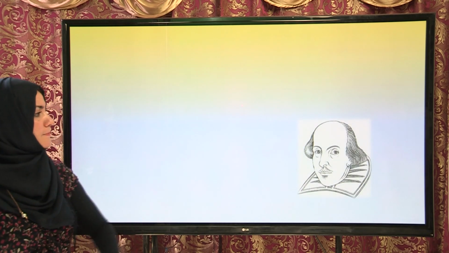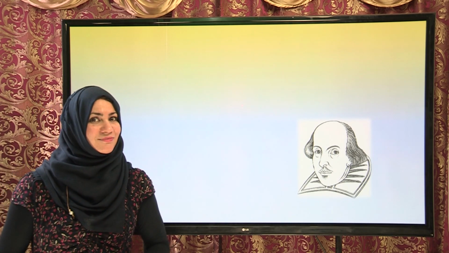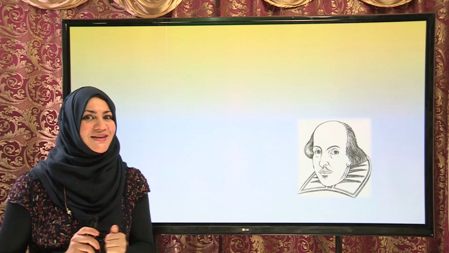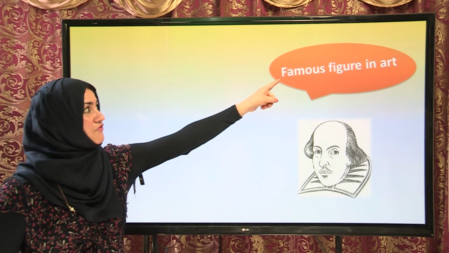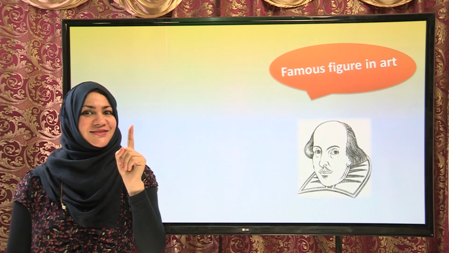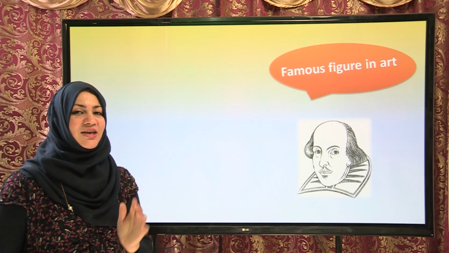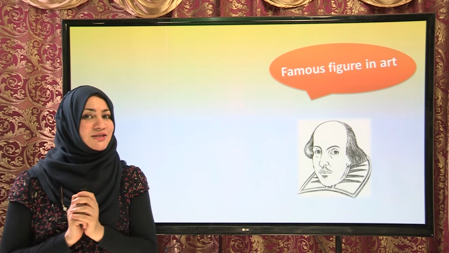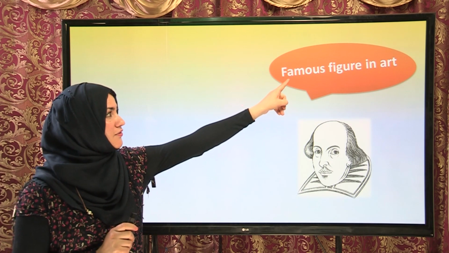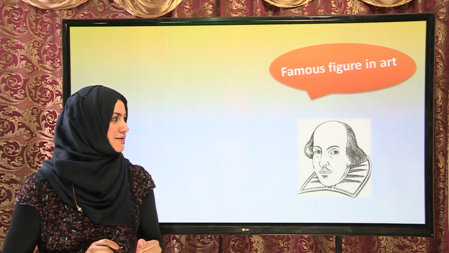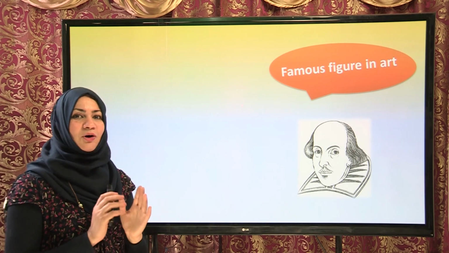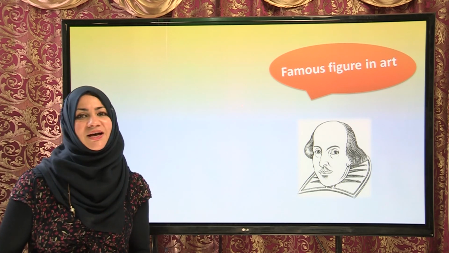The second example. This is a picture. Let's see together who is he. A famous figure in arts. We have seen a famous figure in history, but now a famous figure in art.